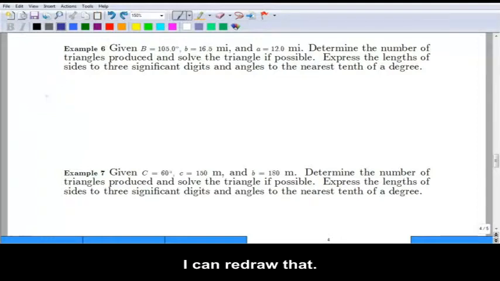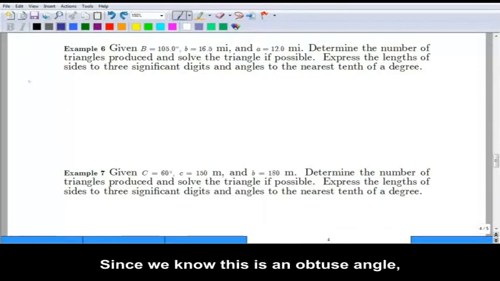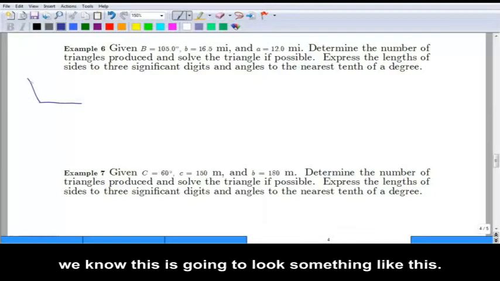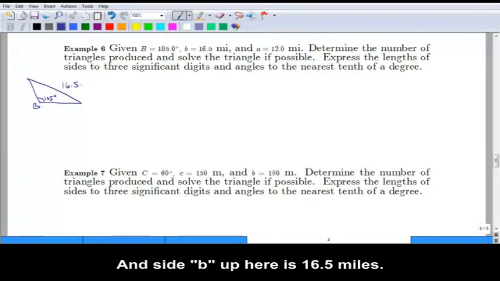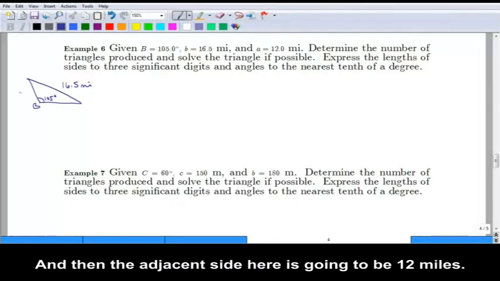I can redraw that. Since we know this is an obtuse angle, we know this is going to look something like this. B is going to be 105 degrees, and side B up here is 16.5 miles, and then the adjacent side here is going to be 12 miles.